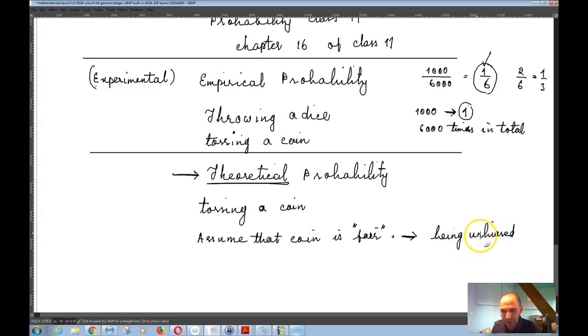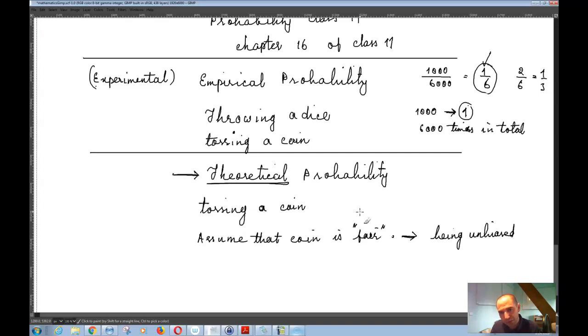Meaning that it's not biased towards heads or tails. There is no bias, for example, due to the symmetry. There could exist a condition in the coin that you're flipping or tossing, for example some problem with the symmetry of the coin, such that the coin is more biased towards heads than tails.